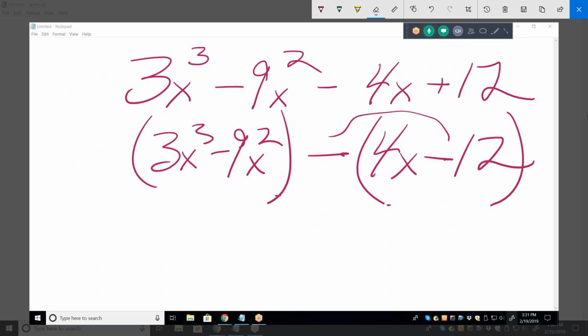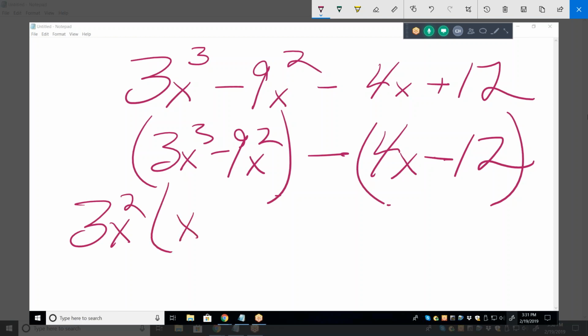Okay? Next step. Greatest common factor would be 3x squared, and then it would be x minus 3, and then it would be minus, not parentheses, it would be 4 as the greatest common factor, then it would be x minus 3.